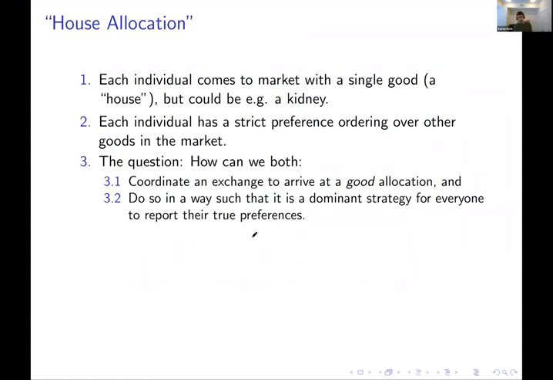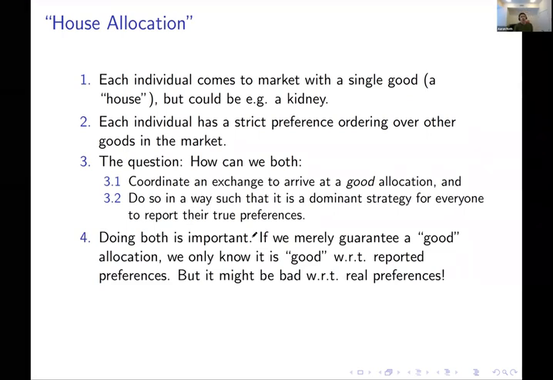And you have preferences over outcomes, which house you receive. And so, as soon as we specify some algorithm, we've defined a game. And our goal here is to design a game so that, in the sense we've been talking about this whole time, it is a dominant strategy for you to report your true preferences.